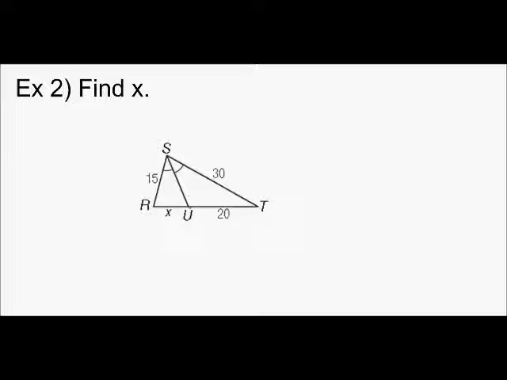That means that segment SU is an angle bisector, which means that these 2 segments that are separated by SU are proportional to these other sides.